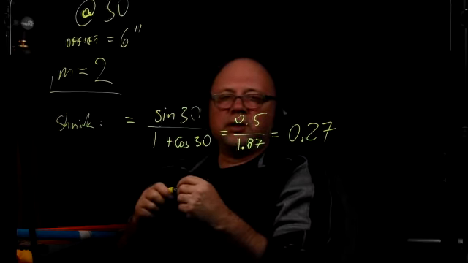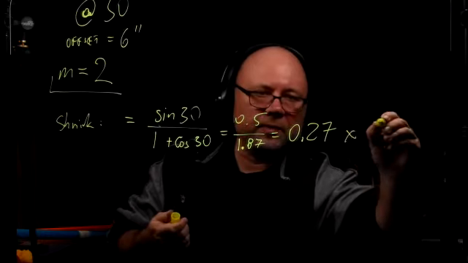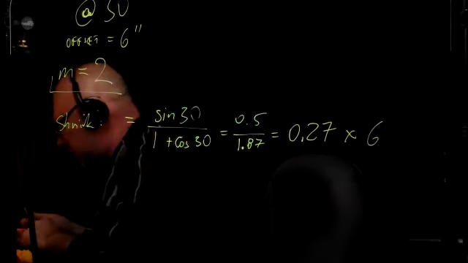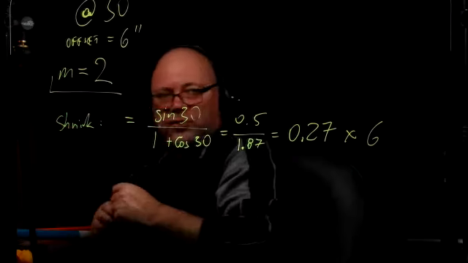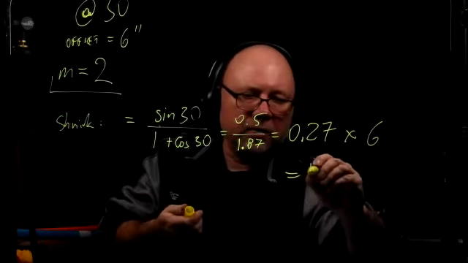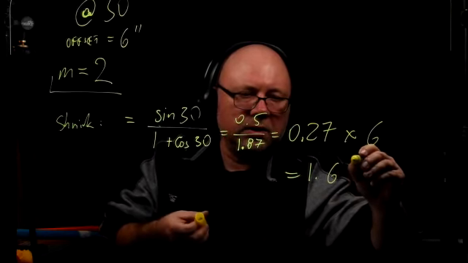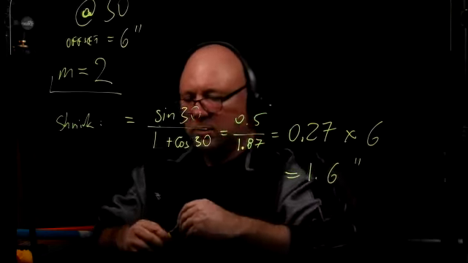0.27 per inch of rise, so times 6 now. That's going to give us 1.6 of an inch.